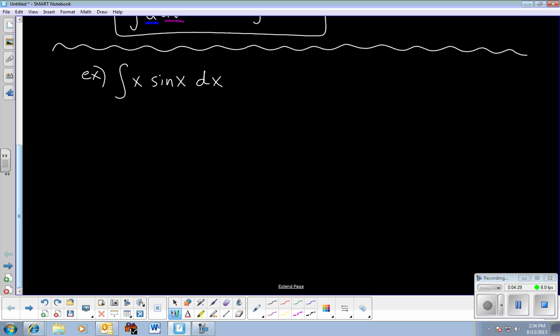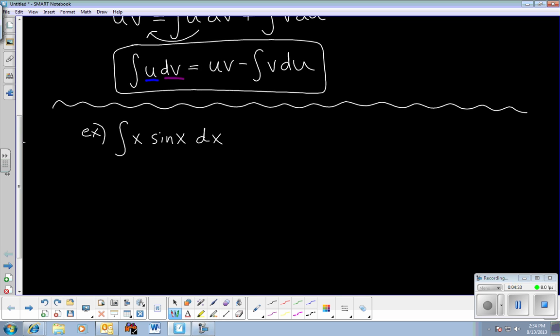All right, so when we approach an integral like this, we've got a decision to make. Which one is going to be u and which one is going to be dv? Now, sometimes, by the way, in our formula, we know what u and dv are when we know the problem. We're going to have to come up with v here, which means we're going to have to integrate dv.